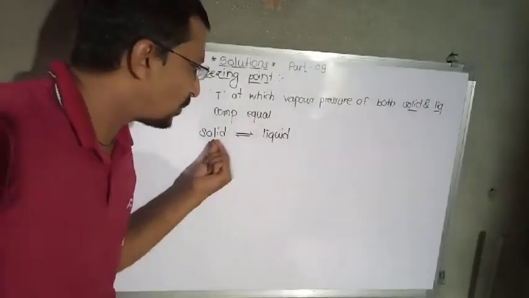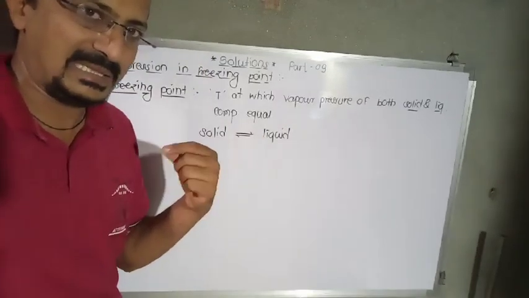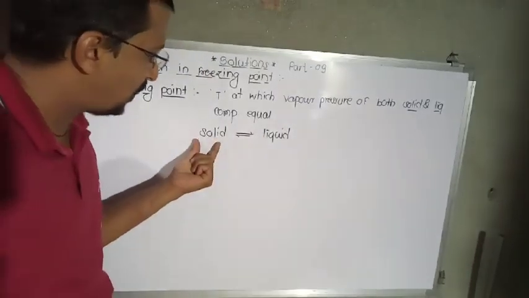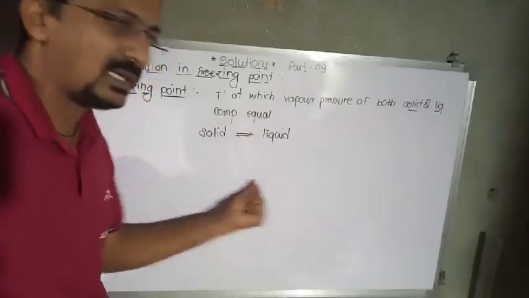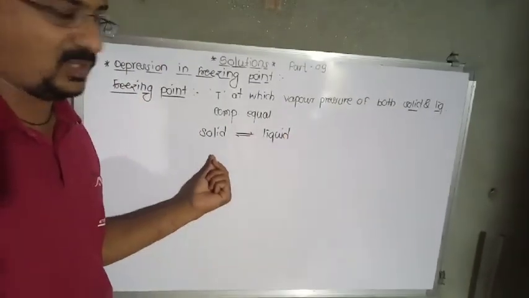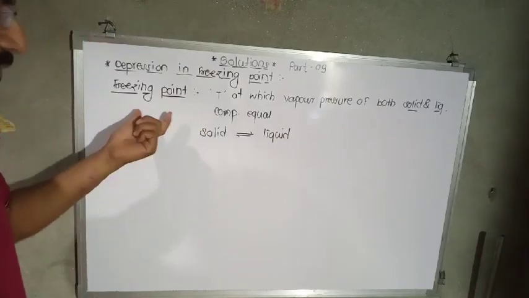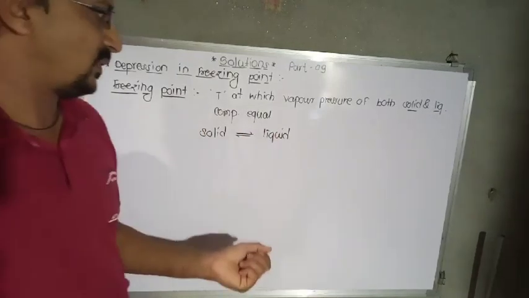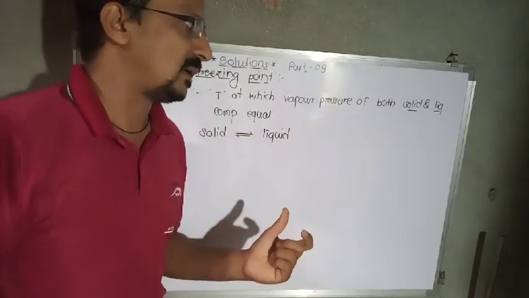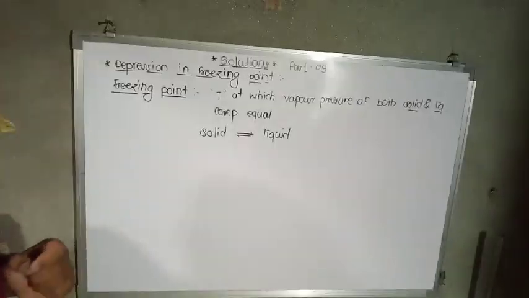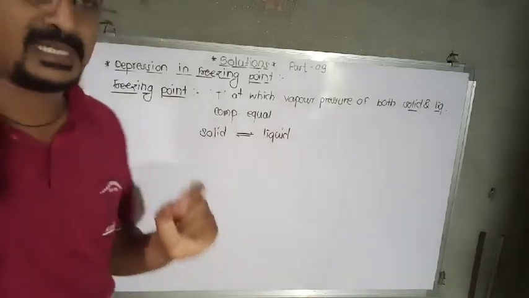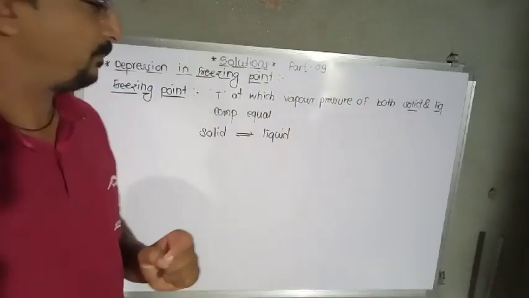As these two components are at equilibrium, in this case we say that vapor pressure of liquid and vapor pressure of solid both are same. So in short we can say that freezing point is the temperature at which the vapor pressure of both the components, that is liquid and solid, are identical or becomes equal. That temperature we call as a freezing point of that particular liquid.